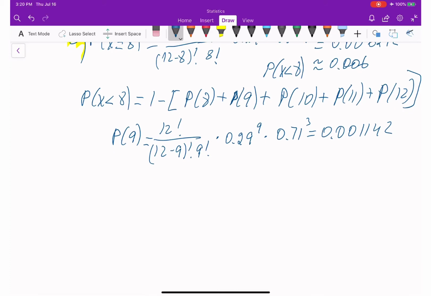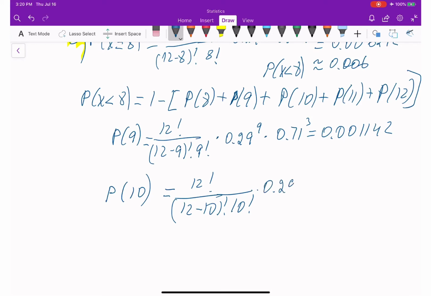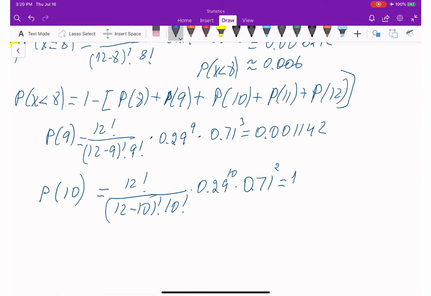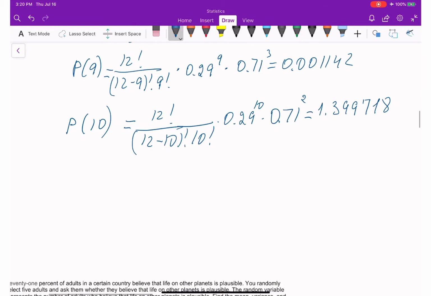Probability of 10 is equal to 12 factorial over 12 minus 10 factorial times 10 factorial, times 0.29 to the power 10 times 0.71 to the power 2. And that is equal to 1.399718. Next, probability of 11.